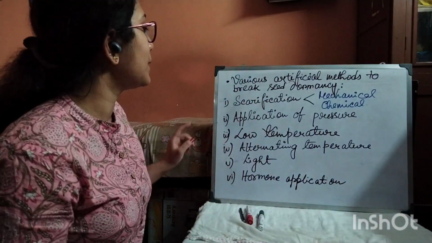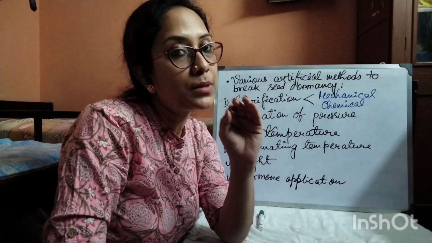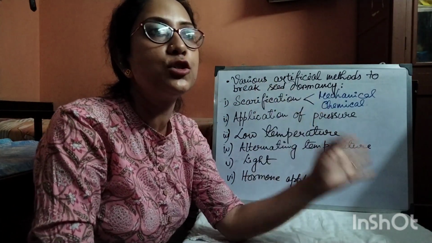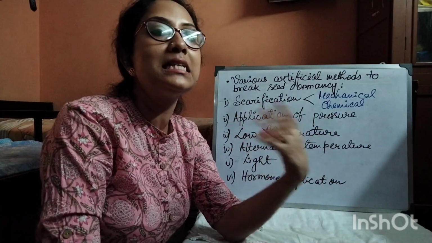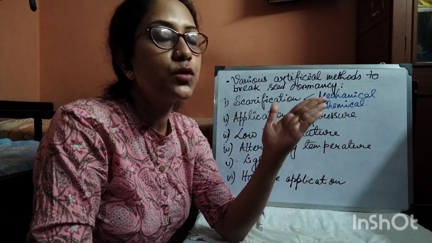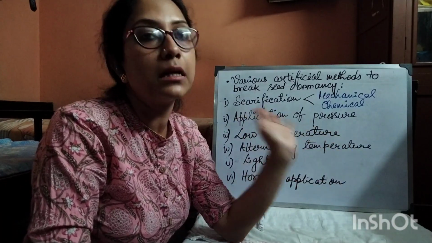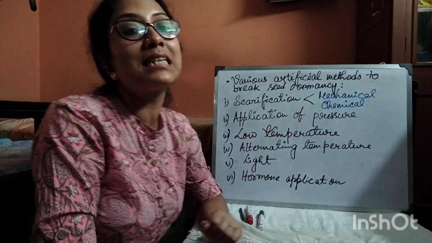On the wall. So if we rub the seed coat with that sandpaper, it will eventually be disrupted and the seed will germinate. So this is the mechanical process by which scarification is done. The next is chemical.